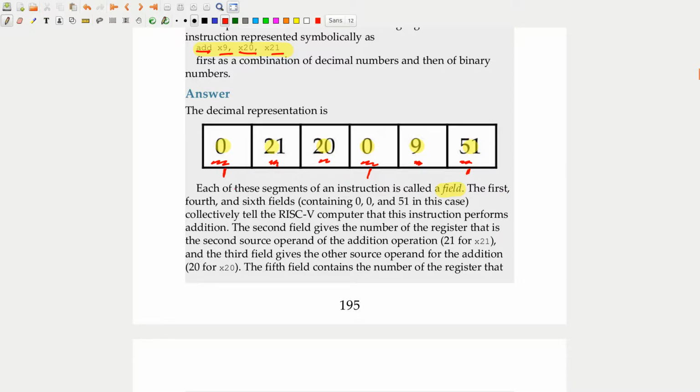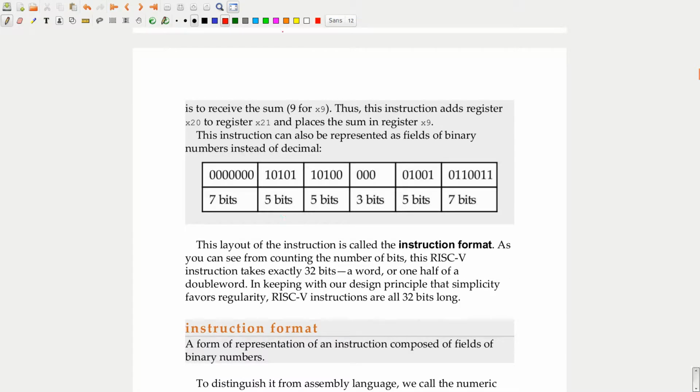So we see that there's this direct mapping, and eventually this is going to translate to binary. And so here we go. This is exactly the instruction format and how it would look, at least for an add instruction.